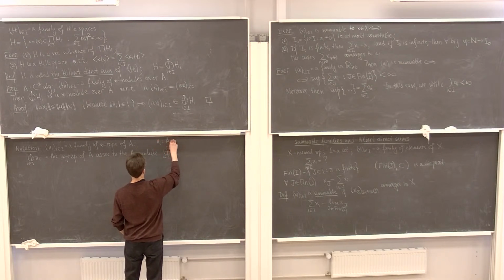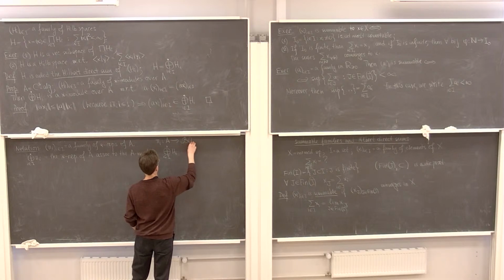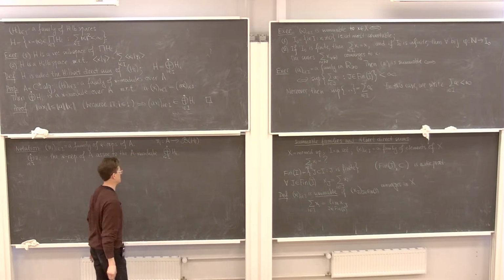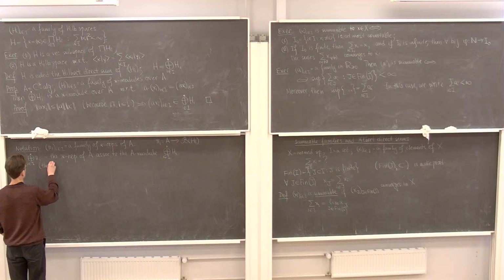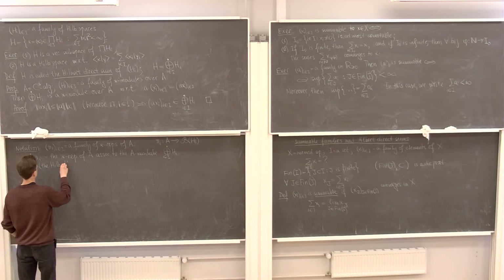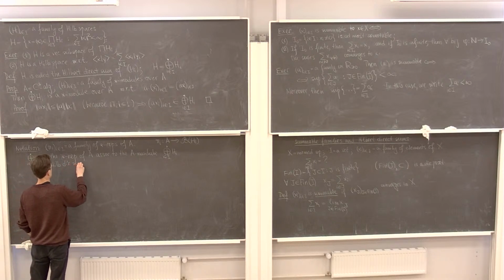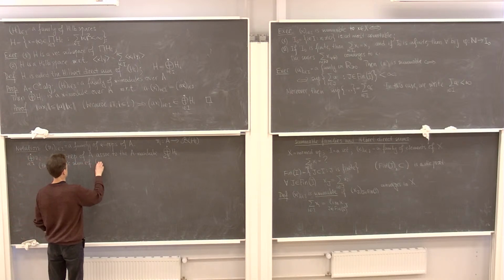So pi_i is a representation of A on H_i, so H_i is an A module. We take the Hilbert direct sum, and the respective representation of A will be denoted like this. And it's called the Hilbert direct sum of the representations pi_i.